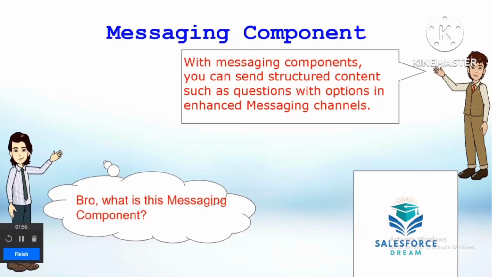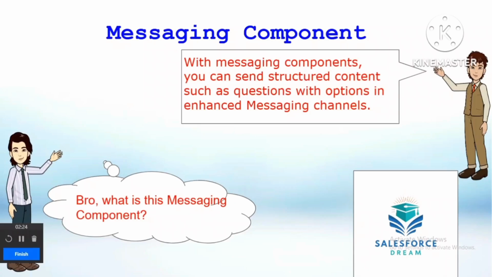Suppose a customer wants to book an appointment, you can send a time selector showing the dates and times on which the appointment is available, and they can select the time. These are just structured content we prepare in advance, and we use them very frequently.